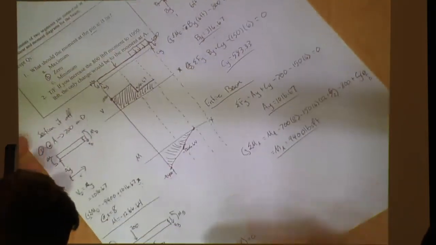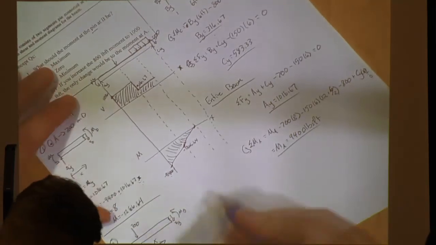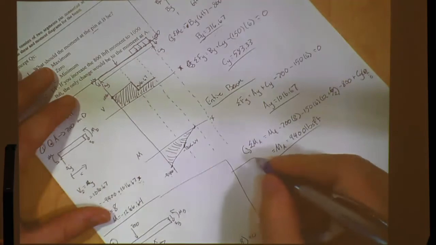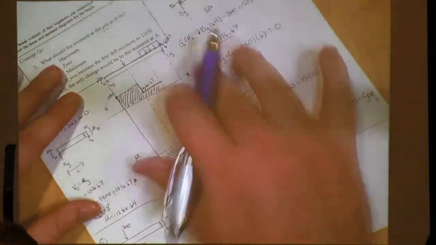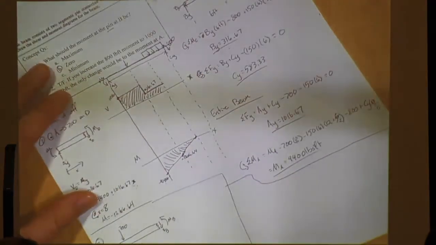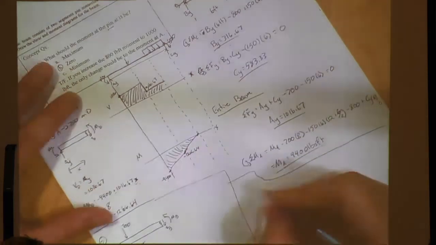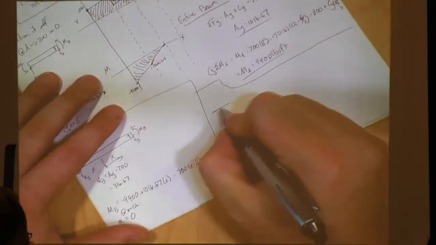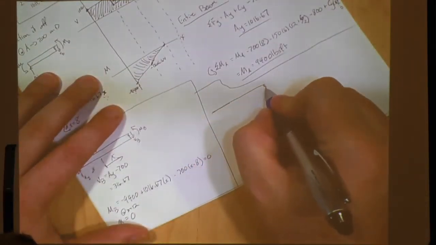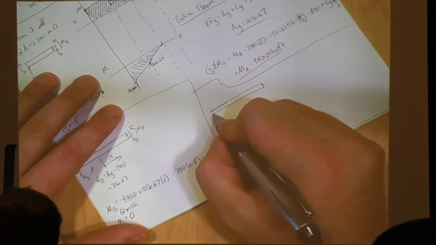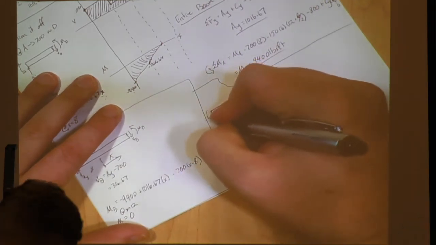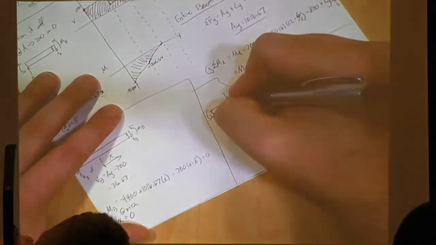All right, so now we move on to the last part of it. Now we're going to do the moment equation for the distributed load, or the section of the distributed load. So we're going to redraw our stuff once again. AY, another moment at the end, 700.